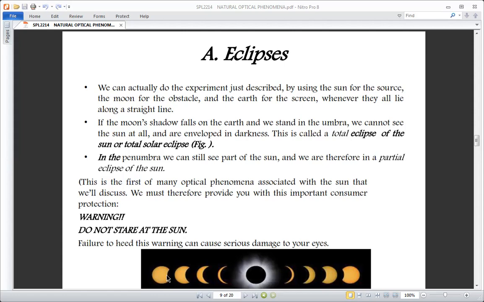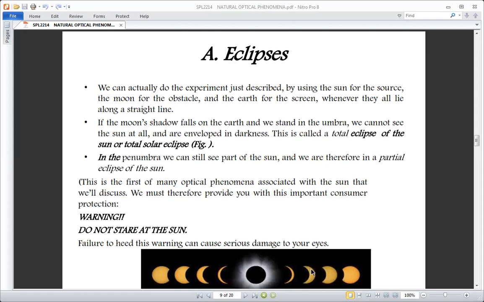Then after a short while, the area of the moon blocking the sun increases until the moon completely blocks the sun. But of course, because the moon is in motion, it continues to move in the opposite direction. So again, you see a portion of the sun until the moon is completely out of the path of the earth. This is what we call the solar eclipse.